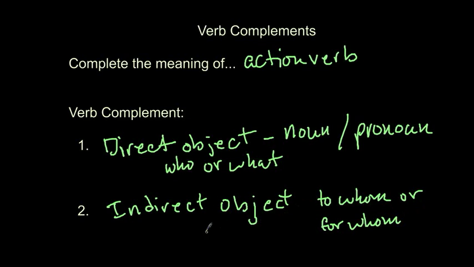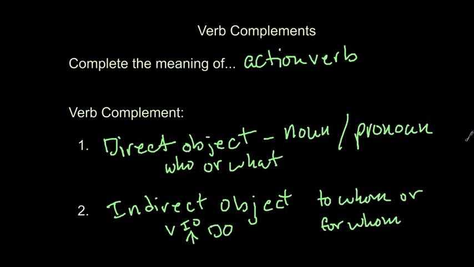The indirect object is always going to be in between the verb and the direct object. So in between there is the indirect object. If there is nothing in between the verb and the direct object, there will not be an indirect object.